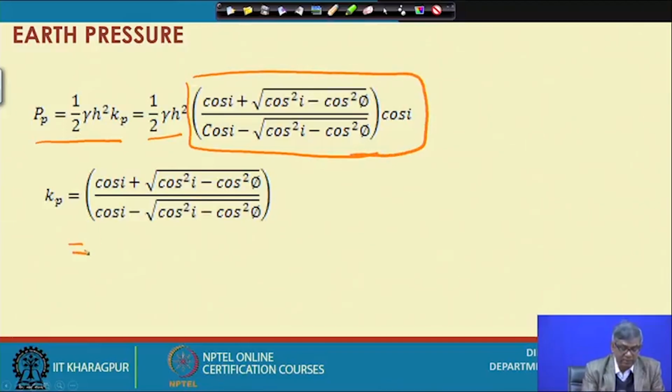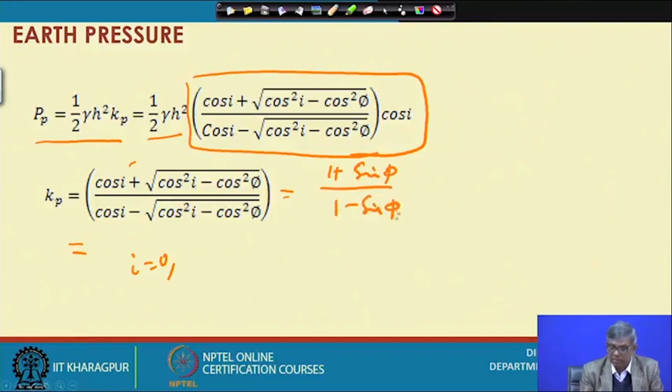And this Kp, you can see we have got an expression here again, with i and phi both there, and if I put i equal to 0 here, you will get this expression reduced to 1 plus sin phi by 1 minus sin phi, which is actually Kp for level backfill.